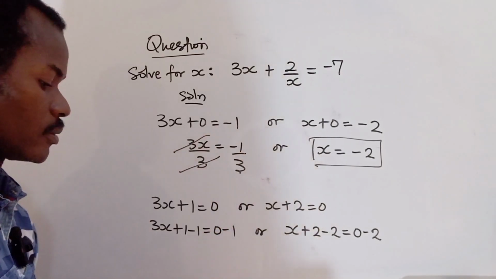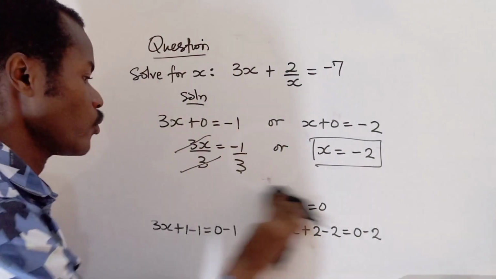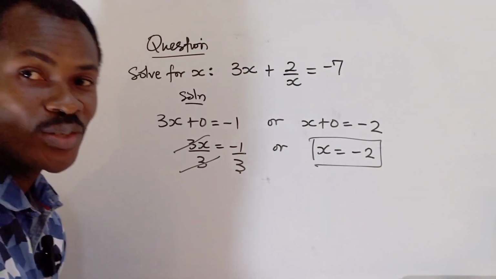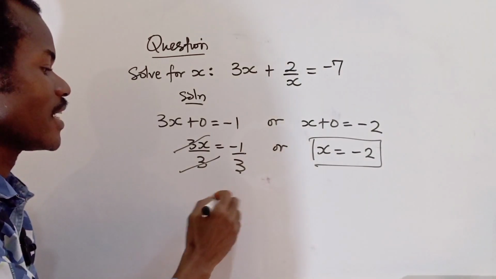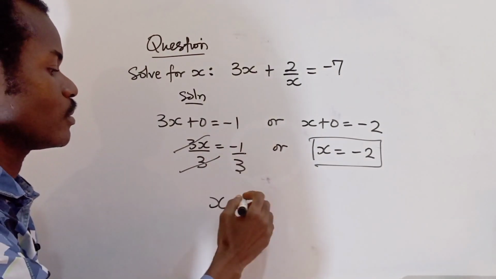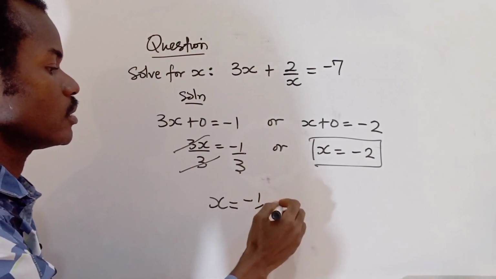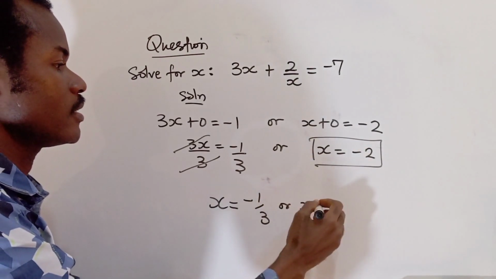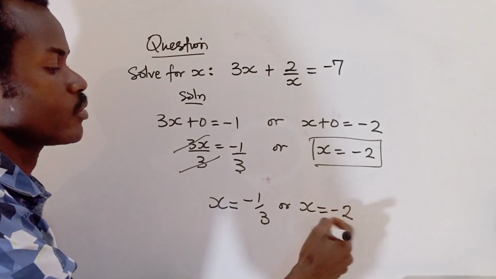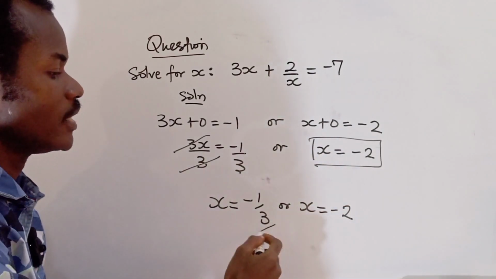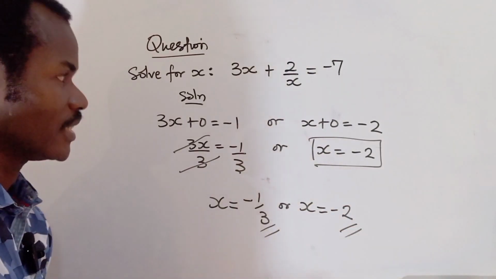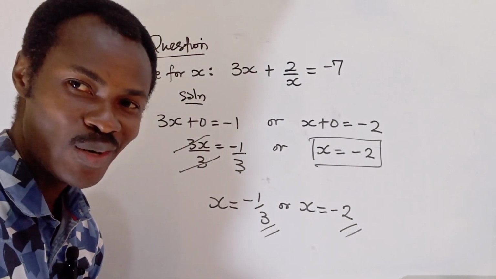This will cancel out, and we have our values of x in this problem as x is equal to minus 1/3, or our x is equal to minus 2. So either this or this gives us the answer to this problem.